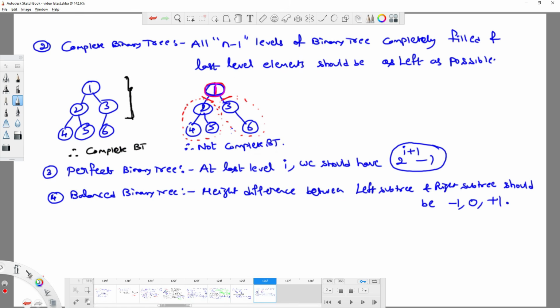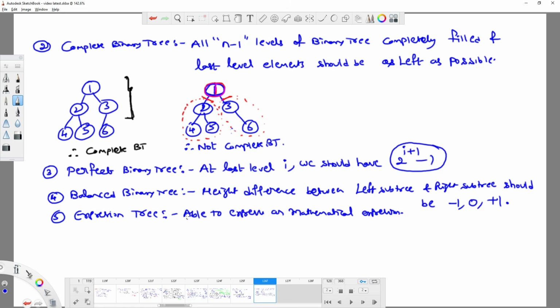Fine. Next, expression tree. If a tree is able to express a mathematical expression, we can call it an expression tree.